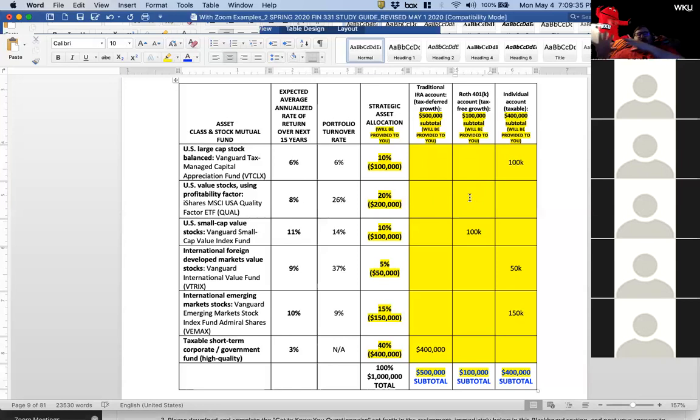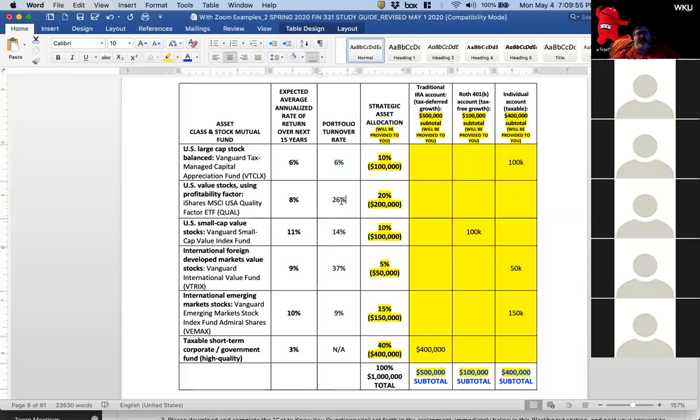So after we do the foreign and after we do the fixed income and after we do the highest performing asset class to the Roth, the fourth step is figure out of what's left, what is the most tax efficient asset class? The most tax efficient asset class is the one that doesn't do a lot of trading, so it has a lesser portfolio turnover rate.